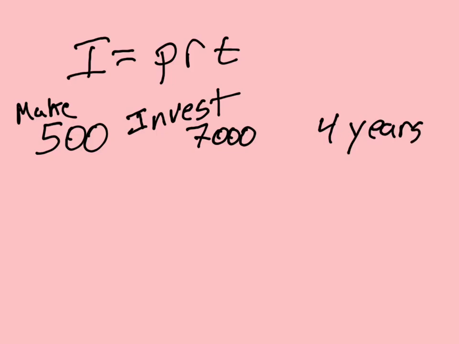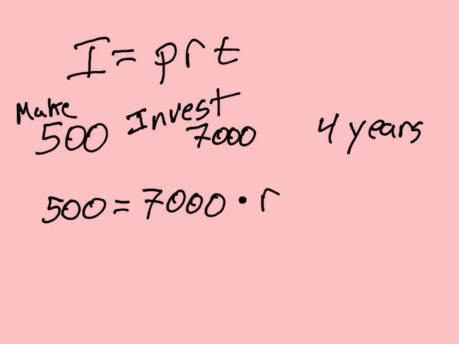What interest rate do I need to look for to get that? Well, if I want to make $500 interest, that is the I. The principal is $7,000, and the rate is R, and the time is 4.